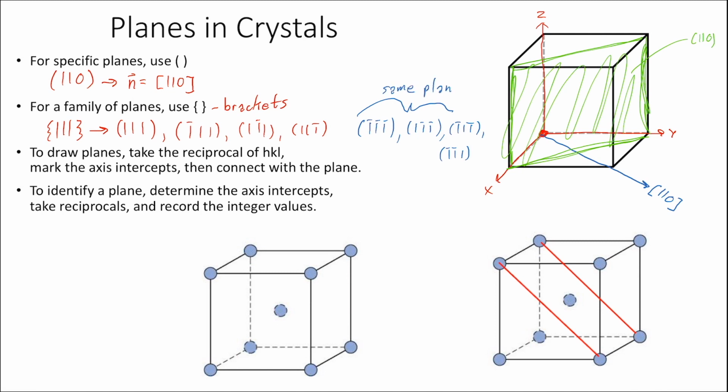It's just that their normal is in a different direction. So in reality, there's only 4 1, 1, 1 planes, and they are given in red or in blue. You can choose which convention to use there. So for the family of 1, 1, 1 planes, there are only 4.